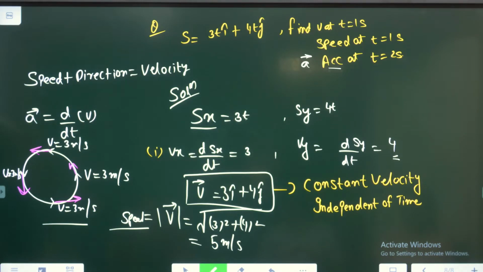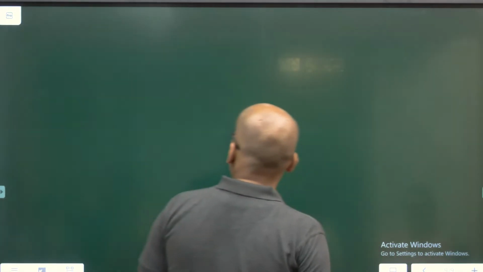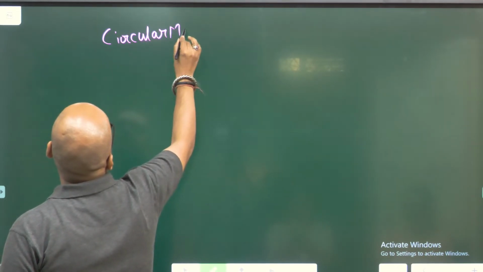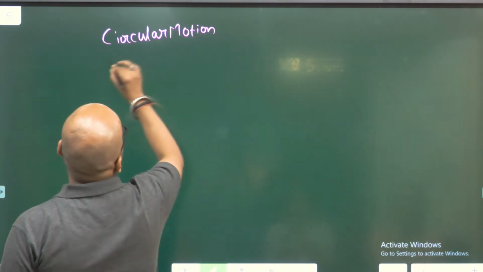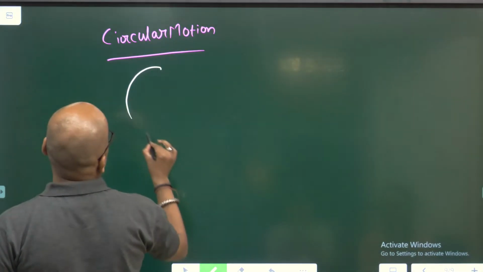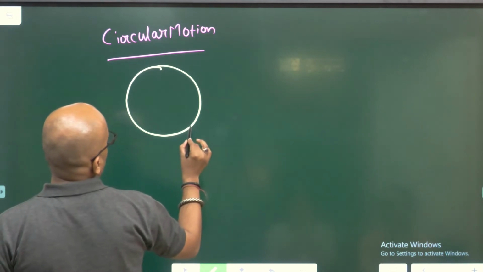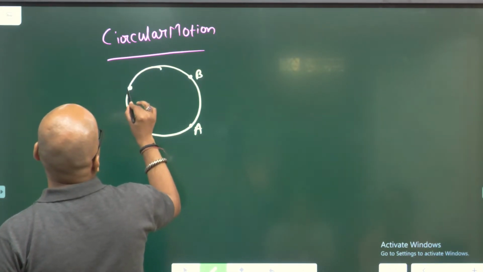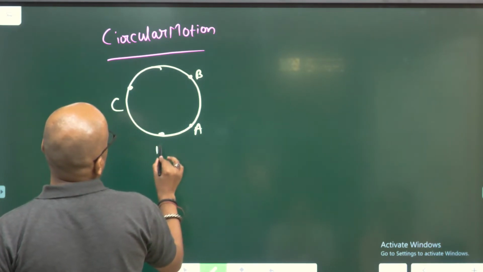तो एक बार ड्रॉ करके. Draw. Suppose, let me draw circular motion. So, let me name these points A, B, C, D. Okay.